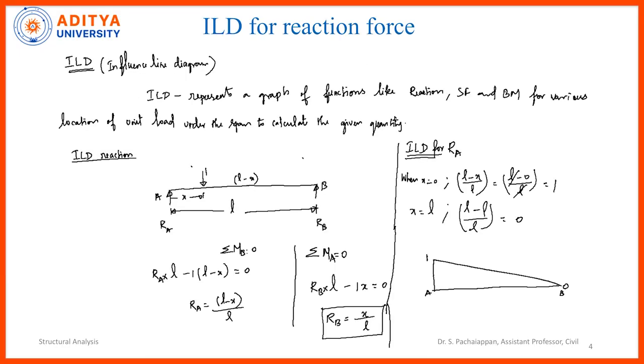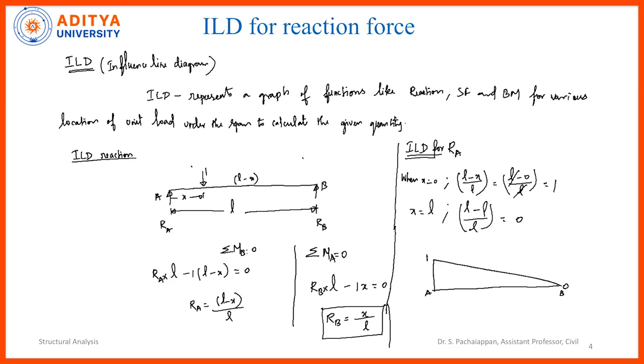We are going to discuss the ILD for the reaction force. ILD represents a graph of functions like reaction, shear force, and bending moment for various locations of a unit load under the span, to calculate the given quantity.